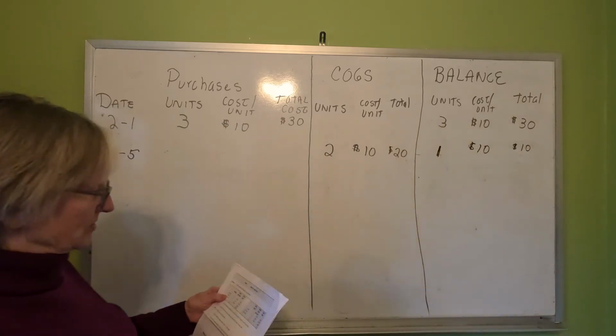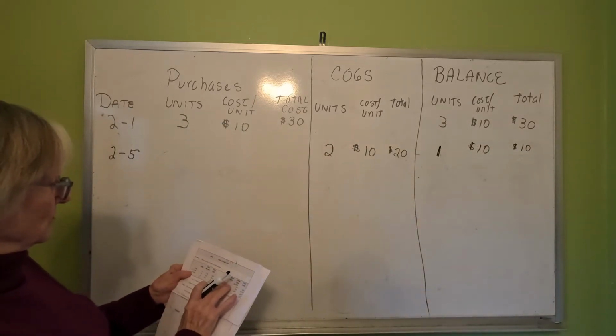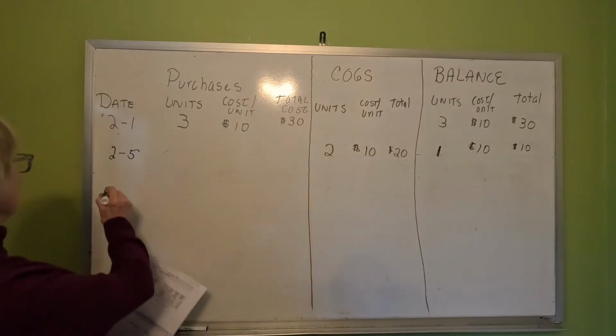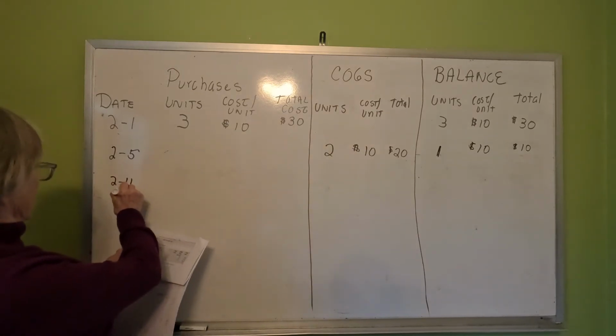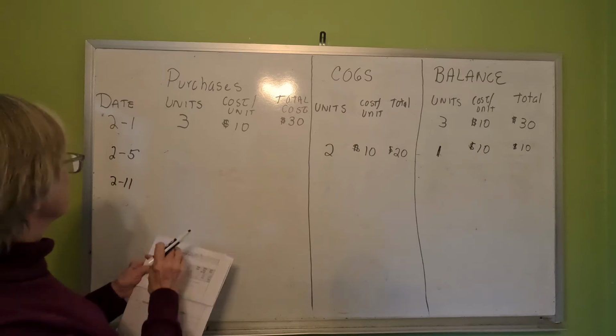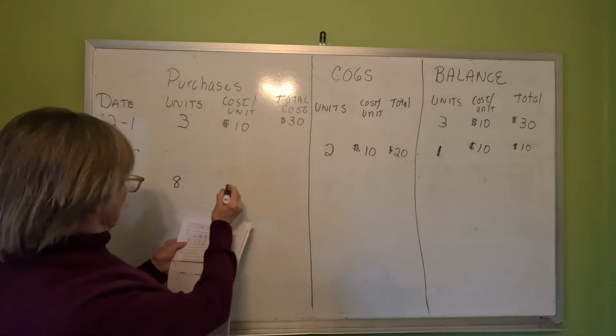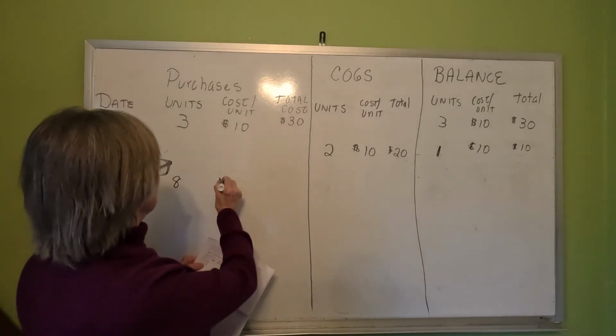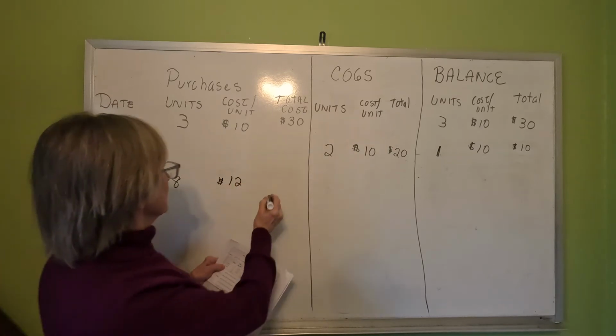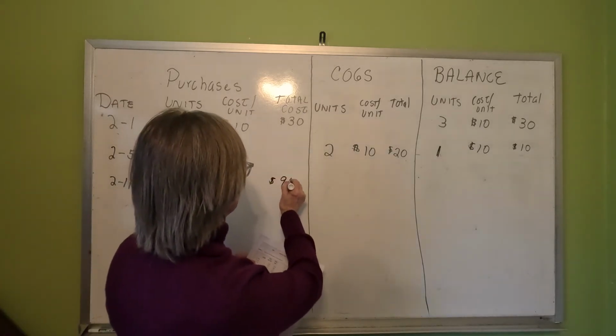Now we did the 1st, we did the 5th, now we go to the 11th. On the 11th, we buy some more inventory. We buy 8 units at $12 each, and so we've added $96 worth of inventory.